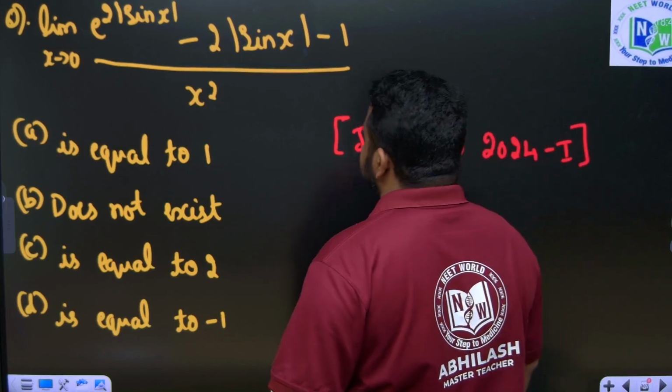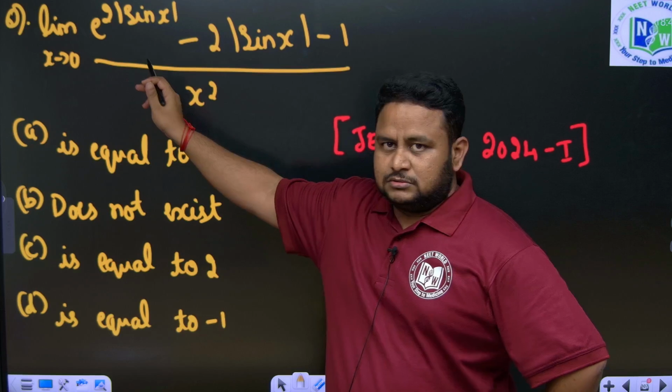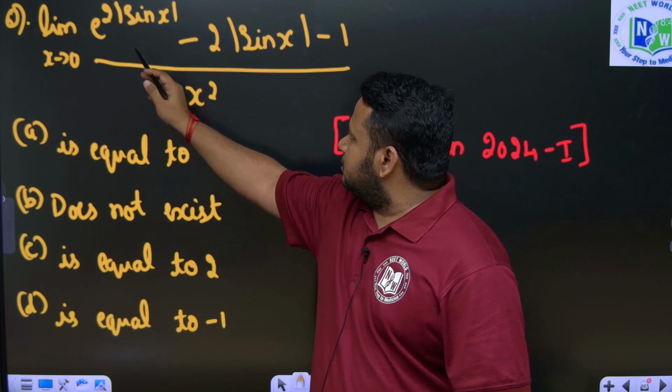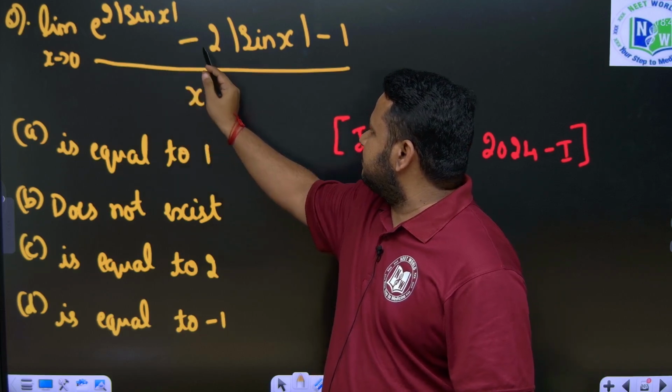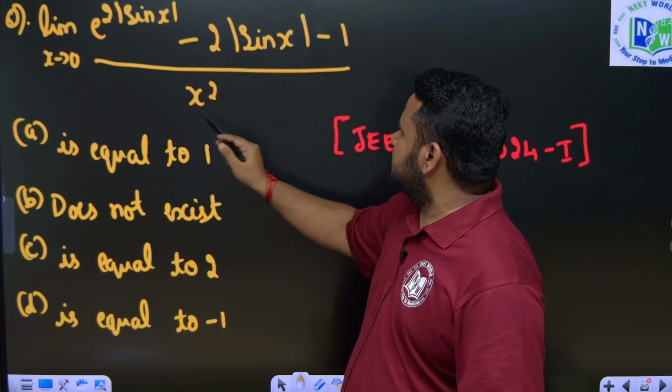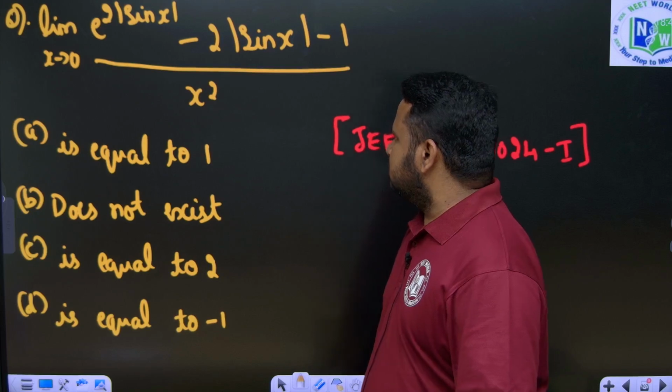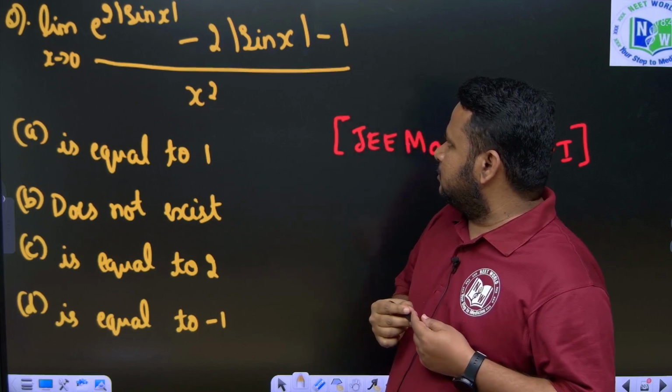Look at this. They have given the limit as x tends to 0 of (e^(2|sin x|) - 2|sin x| - 1) / x².